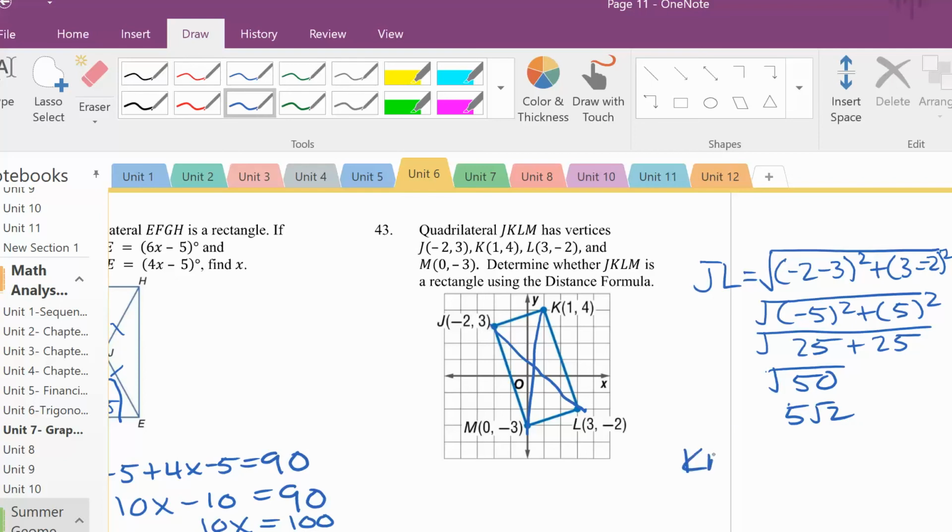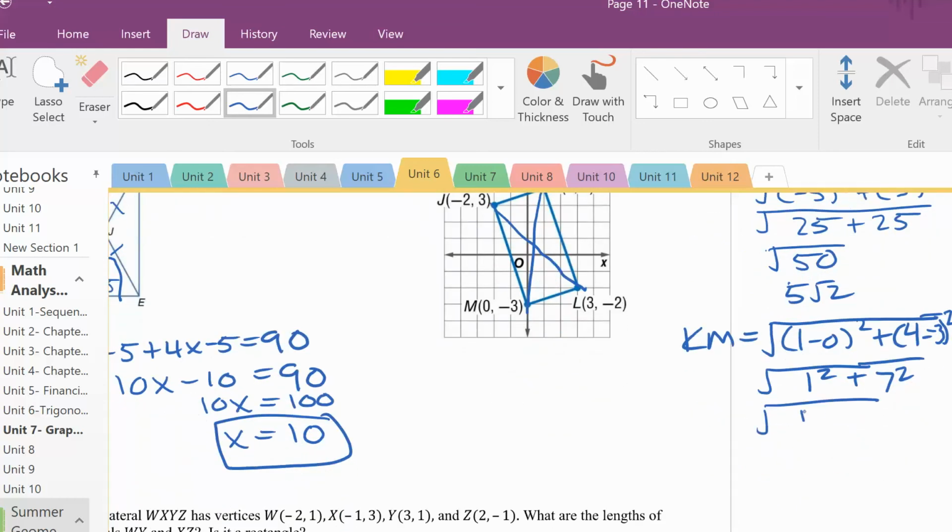KM is equal to the square root of 1 minus 0 squared plus 4 minus -3 squared. So it's the square root of 1 squared plus 7 squared. So it's the square root of 1 plus 49, which is the square root of 50.